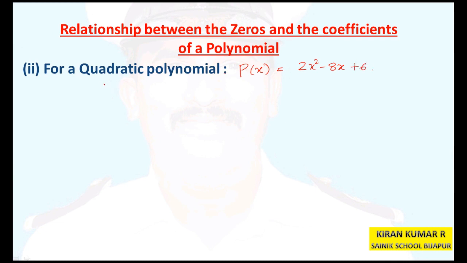To find the zeros, take 2x square minus 8x plus 6 equal to 0. Now we shall find the roots of this quadratic equation by the splitting middle term method. We know factorization. Let us split the middle term.